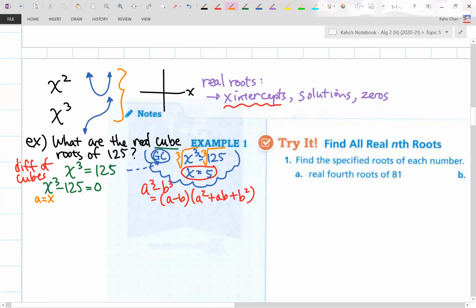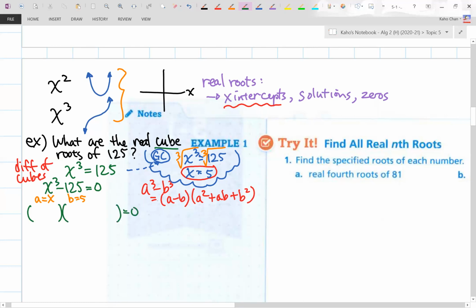The cube root of 125 is 5. I'm now going to use a equals x and b equals 5 and just write it down in that form, and that'll give me my factor.